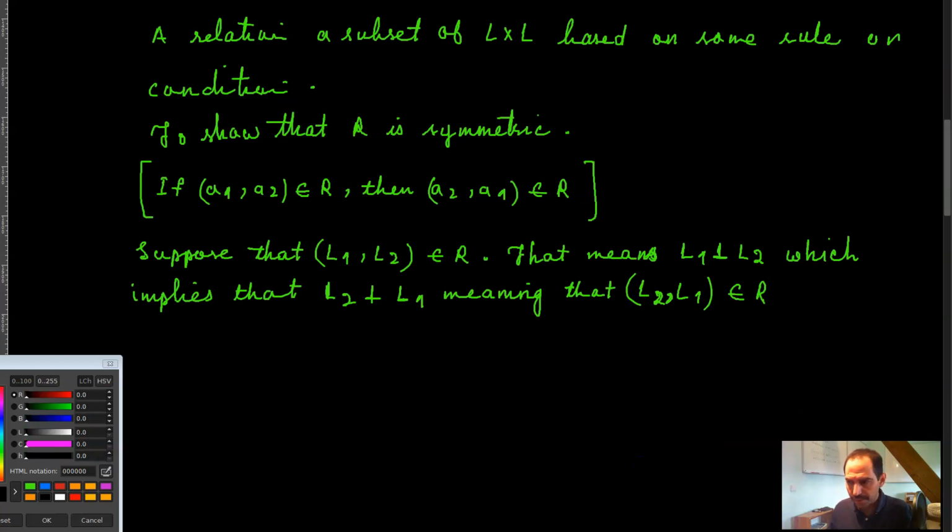So now we have shown that if (L1, L2) belongs to R, then (L2, L1) also belongs to R. Therefore, R is symmetric. So here we are saying that if (A1, A2) belongs to R, then (A2, A1) also belongs to R, which is the case here.